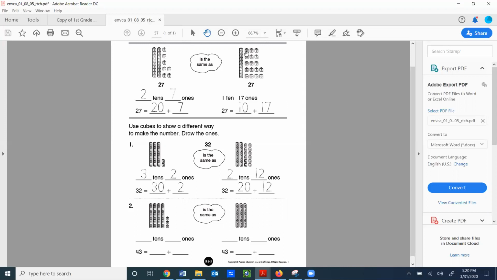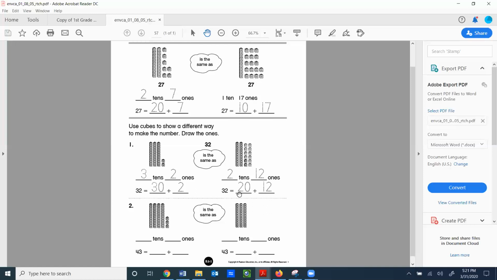Maybe let's just count by ones. 1, 2, 3, 4, 5, 6, 7, 8, 9, 10, 11, 12, 13, 14, 15, 16, 17. There we go. Sometimes it's good to go back and recount. So we've got 1 10 and 17 ones, and it says that down here. 27 equals 10, again 1 10, and 7 plus 17, again 17 ones.